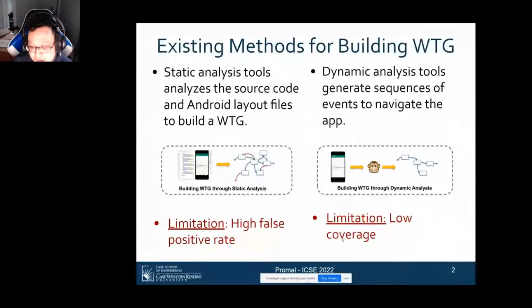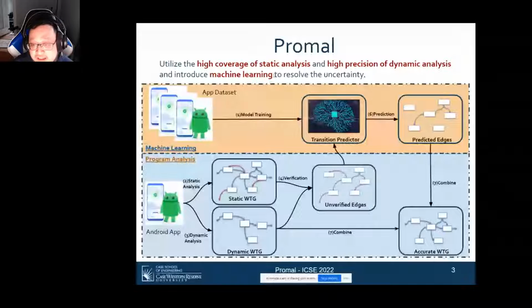As you can imagine, it's time-consuming to generate comprehensive test suites, run all of them, and reach every corner of the app. So here's our solution. We try to combine the positive sides of both static and dynamic analysis, and introduce a machine learning model to resolve the uncertainty.